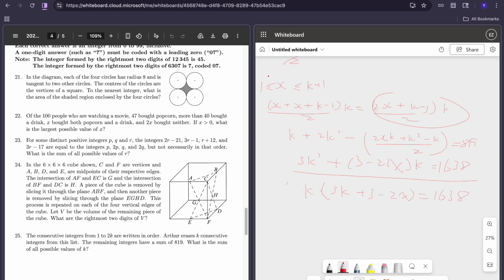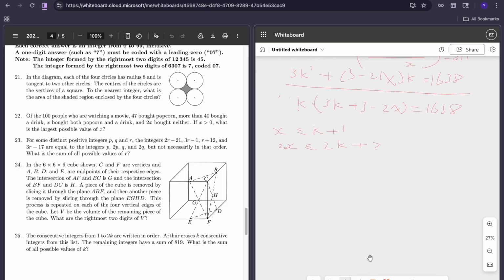So because of this, x is smaller or equal to k plus 1. For 2x, this means 2x is smaller or equal to 2k plus 2.